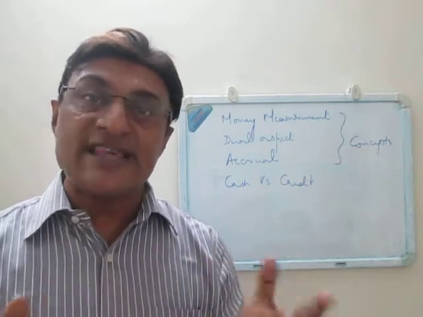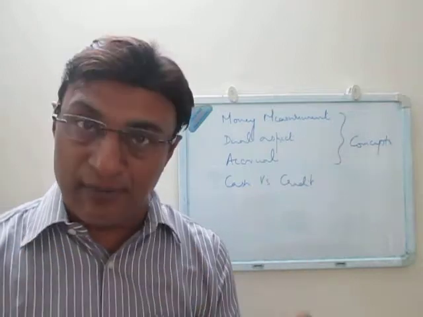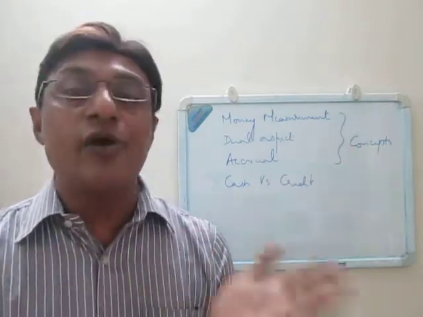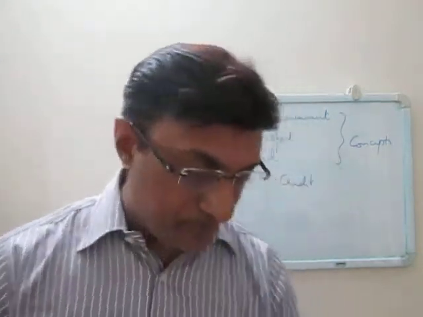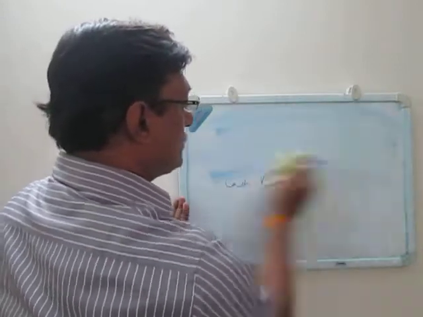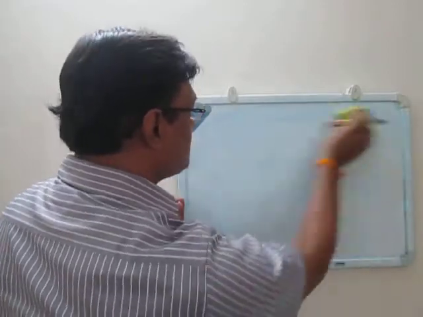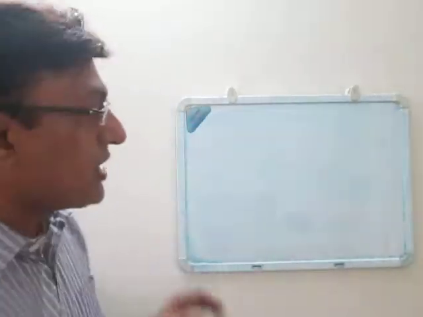So these four are essential in the accounting of business transactions to make them complete, to make them exhaustive, all-inclusive for an accounting period. Now, moving on. The dual aspect concept indicates that every business transaction affects two items or two accounts.